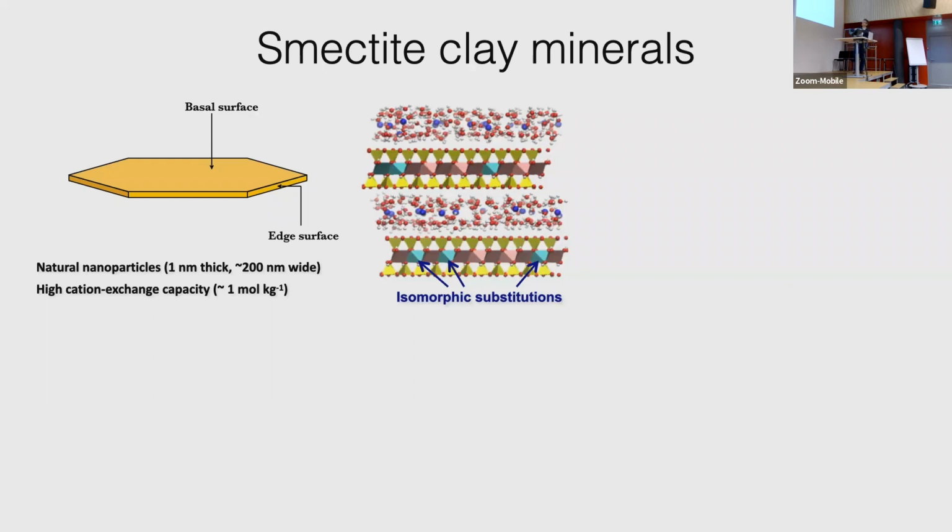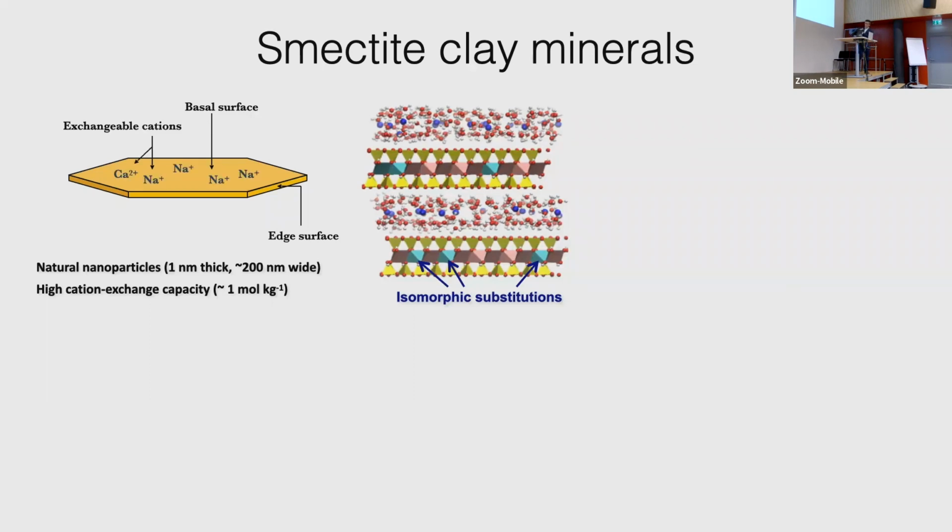Because of that, you have these high specific surface area, negatively charged minerals that persist in the environment for millions of years. And they have to be charge balanced by cations, like the blue spheres over here that are exchangeable sodium ions that hang around in solution near the surface to charge balance the negative charge. So they have a tiny size, they contribute strongly to specific surface area, and they contribute strongly to cation exchange capacity.